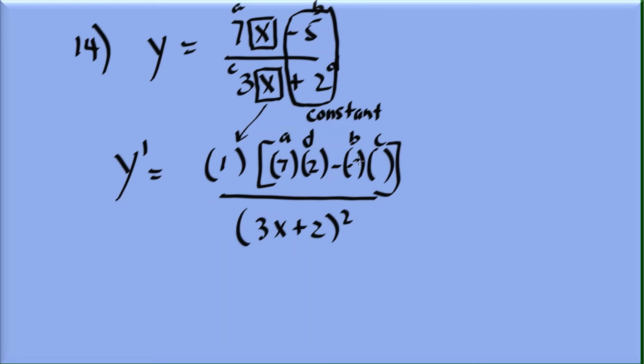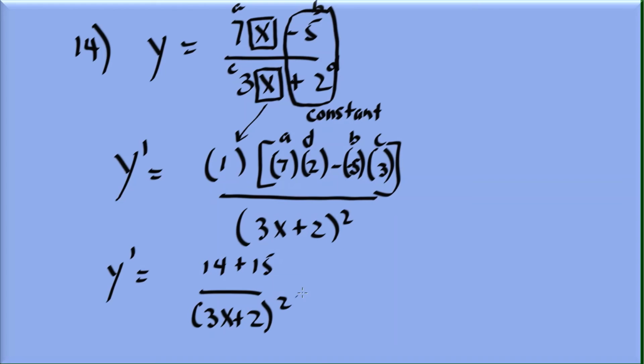Be careful, this is negative 5 times 3. That's it. So our y prime is 1 times 14, and negative negative is a positive 15, over 3x plus 2 squared, which is 29 over 3x plus 2 squared.